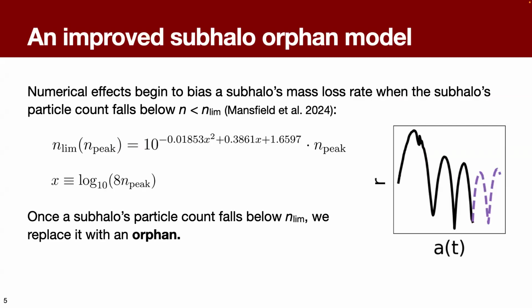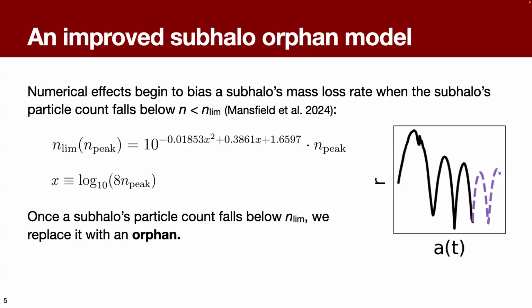A lot of this work is thanks to Phil Mansfield, who is now a research scientist in our group. He did a lot of work to understand when the numerical effects that I talked about in the last slide begin to bias a subhalo's mass loss rate. If you're interested in the details of that work, I'll point you to his 2024 paper, which is really nice.